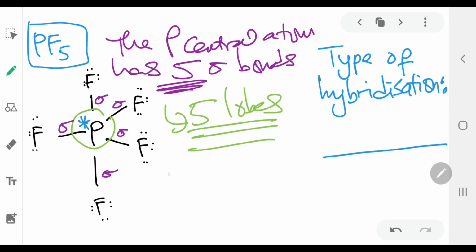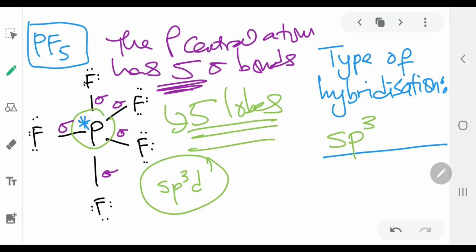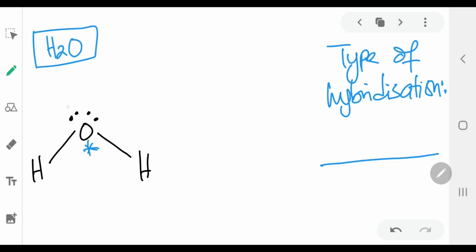So when you have 5 lobes, you're going to have 1 lobe, 4 lobes, and 5. SP3D. Okay? So the type of hybridization on the central atom is SP3D. Now, what about this one?